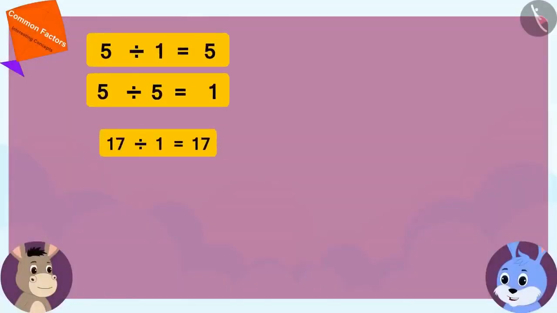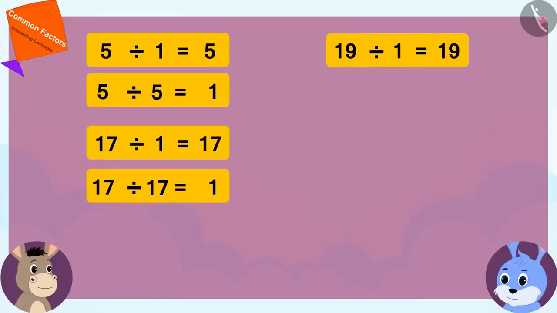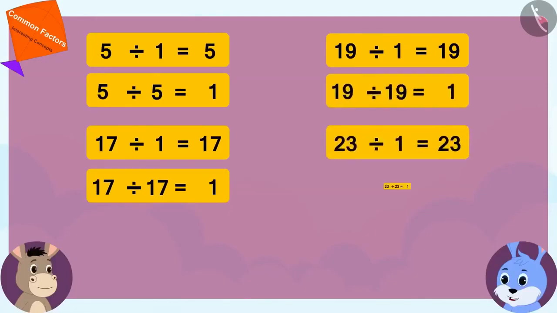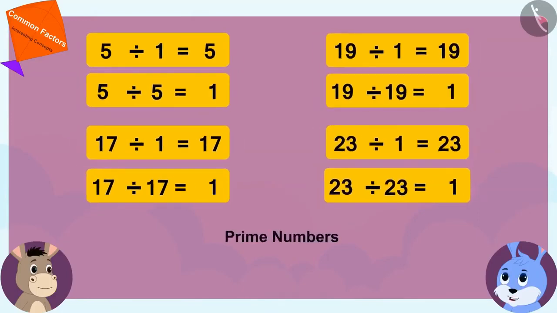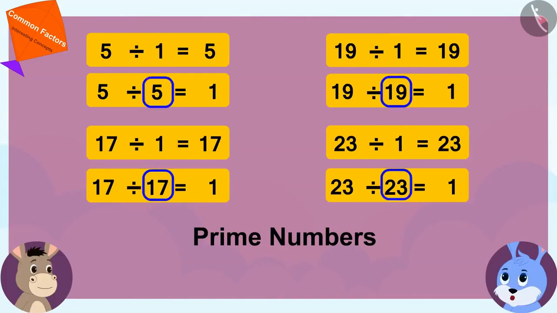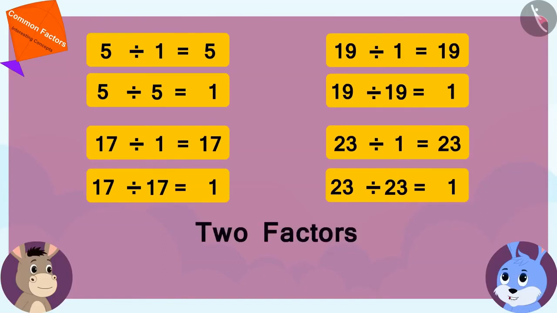There are many numbers like 19, which we can only divide by 1 and that number itself. We call such numbers prime numbers. And because these numbers can only be divided by 1 and that number itself, they have only two factors, Bunny explained to Bhola.